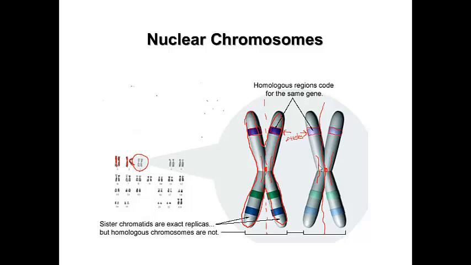Usually you cannot visualize these individual sister chromatids on these karyotypes. Here you can almost make it out, that there are two X-like shapes there, but sometimes it's very difficult to tell.